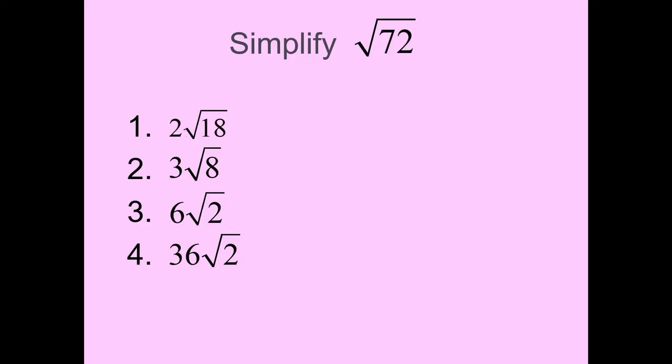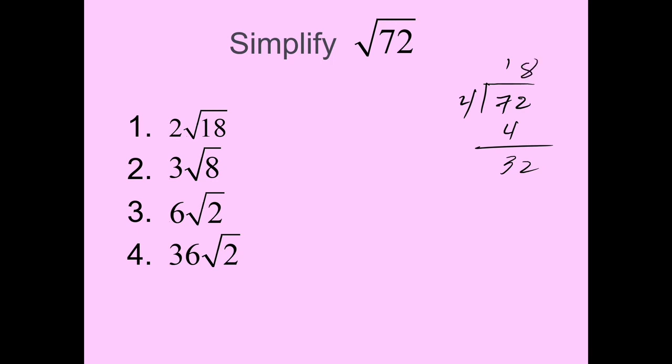O, try to simplify this. Simplify square root of 72. Ayan, sige. Ngayon, isip tayo ng factor ni 72 na perfect square. Okay, pwede ba siya kay 4? Let's start with 4. Ayan. So, we have 1, 4. Pwede po. Okay? So, we have 2. So, we have 18.